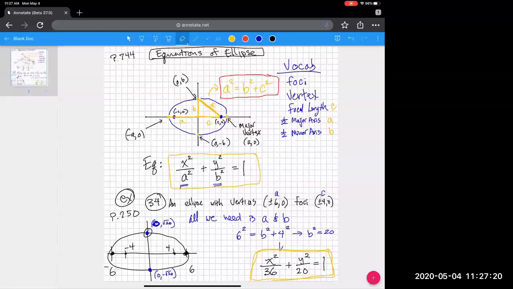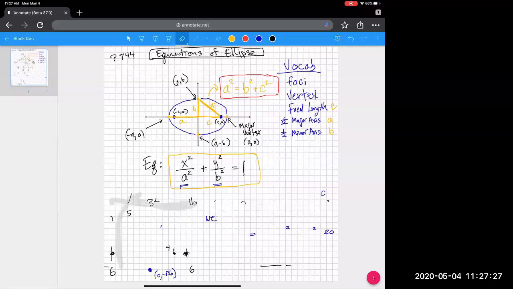It is possible that the ellipse might be wider from top to bottom than it is from side to side. So in the examples that we did, the foci were along the x-axis, but you could certainly have it oriented up and down, and the foci could be along the y-axis. The only thing that would change is that since a is the major axis length, now the major axis would be in the y direction.